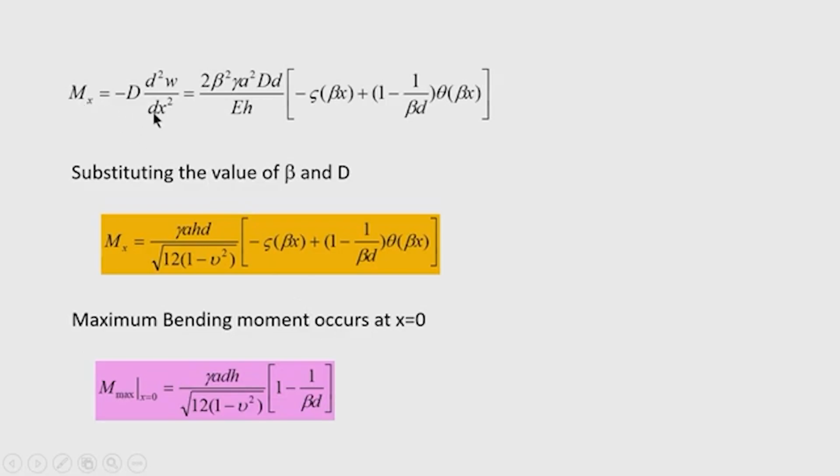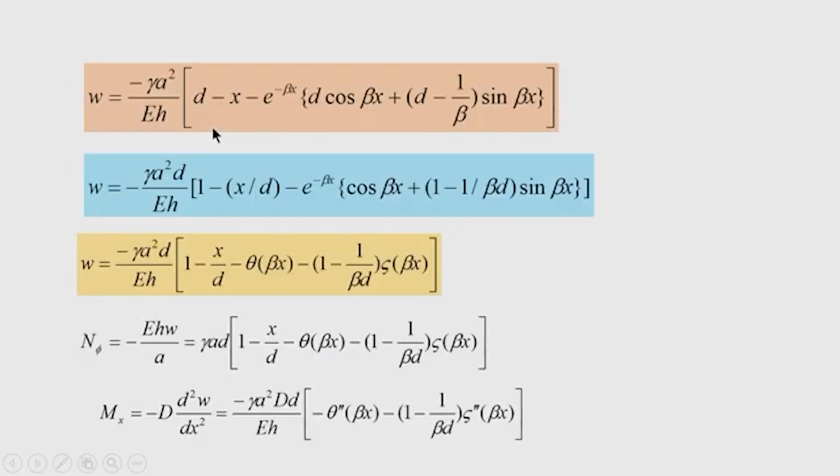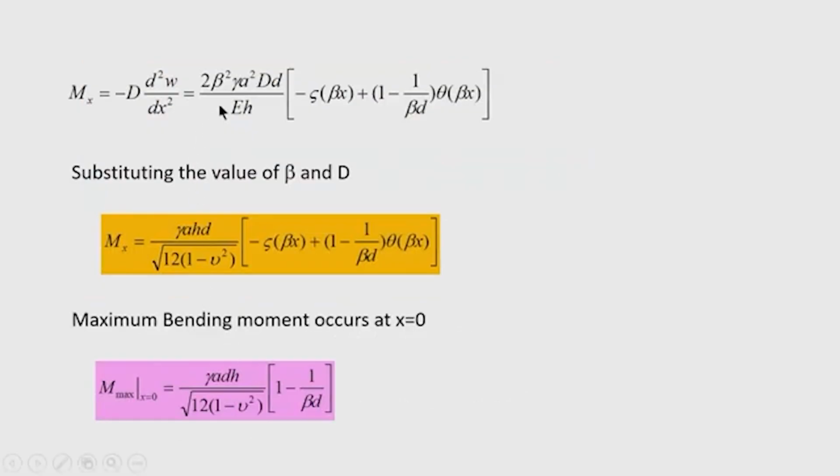So, m x is written after simplification, that is putting the value of the various parameters that appear here, D as the flexural rigidity, that is E h cube by 12 into 1 minus mu square, and bringing them in terms of beta, that is the characteristic parameter of the shell.